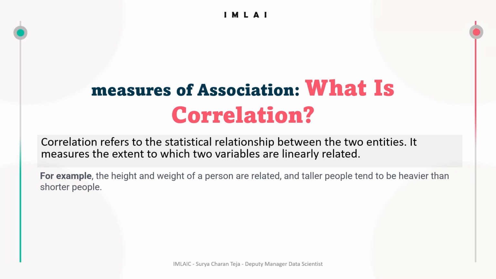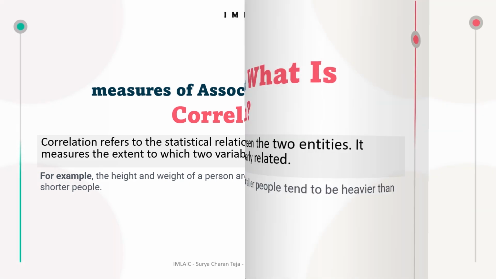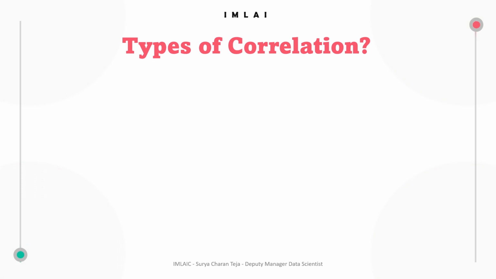Correlation and causation are two different things. One is called correlation and the other is causation. It's important to remember that just because something is correlated doesn't mean it's causal.